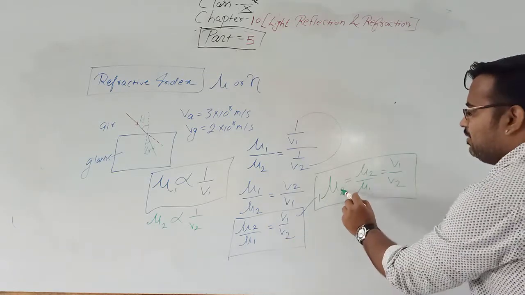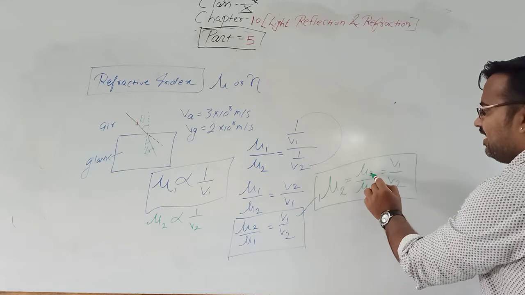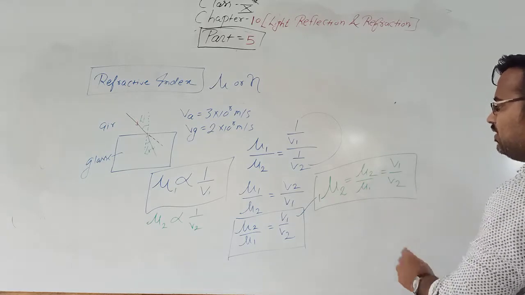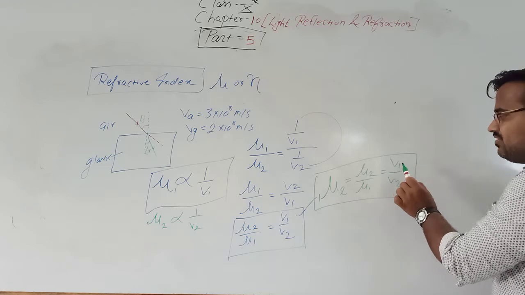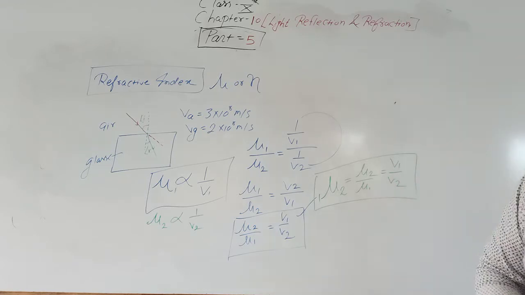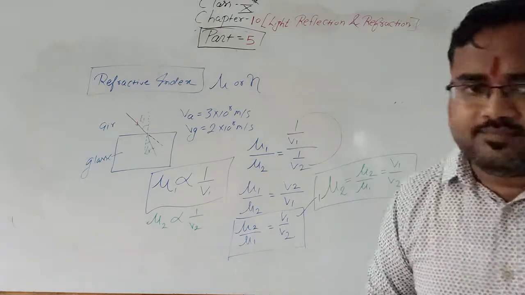The refractive index of the second medium with respect to the first is equal to the velocity of light in the first medium upon the velocity of light in the second medium. Copy this.